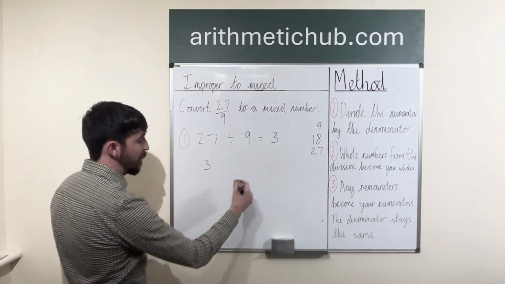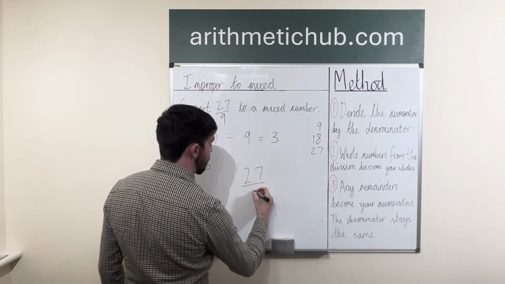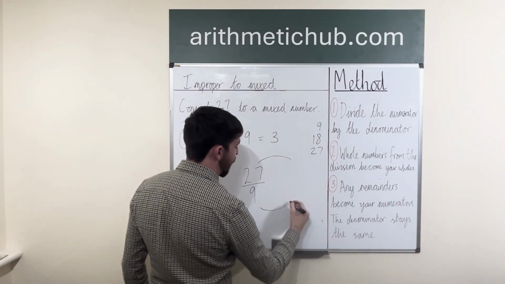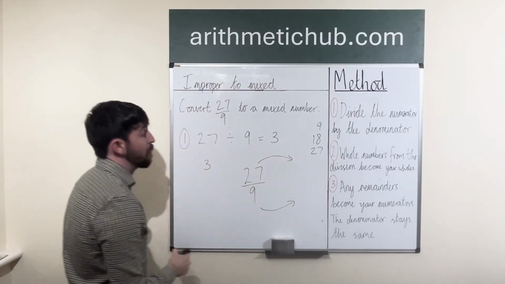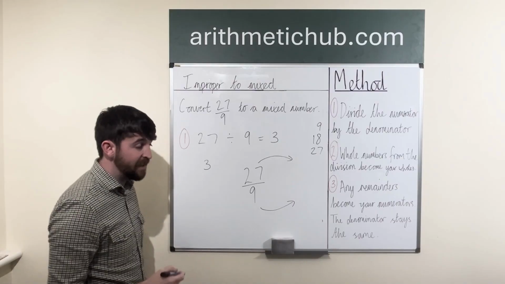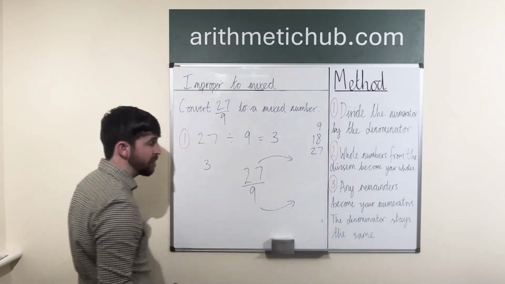Because what we could do is use a method to see if 27 over 9 simplifies to make 3 wholes. So what's the largest number I can divide both 27 and 9 by? Well, I know that 27 is in my 9 times tables, isn't it?